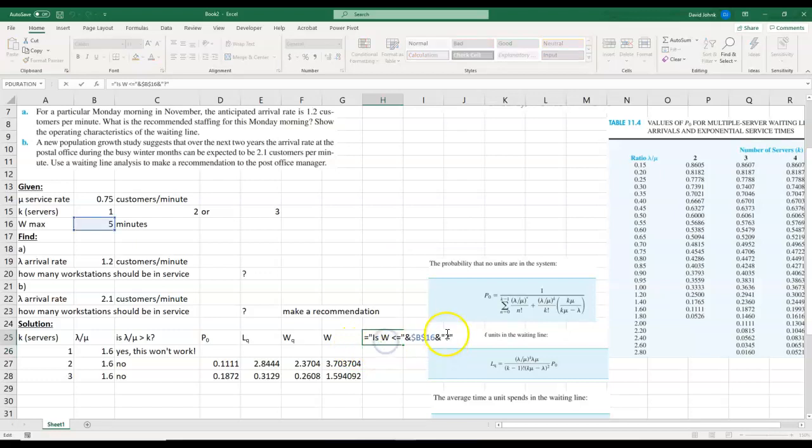Forgot to put the question mark into quotation marks. So is W less than or equal to 5? And I can go equals if this is less than or equal to this, F4, value of true, yes, value of false, no. Close the parenthesis.